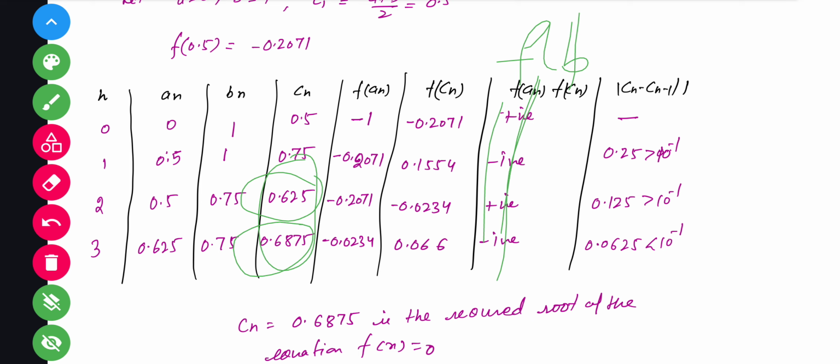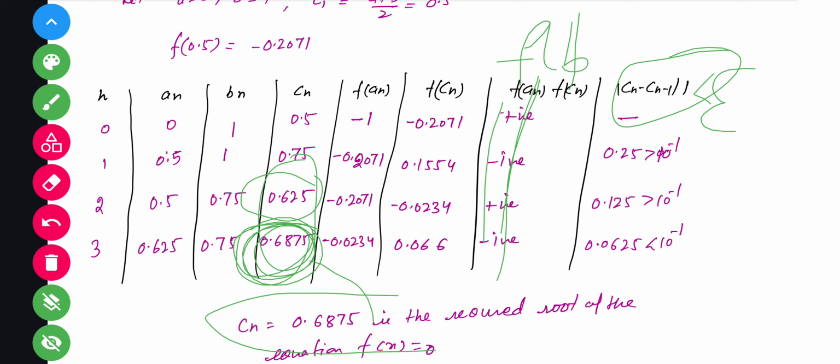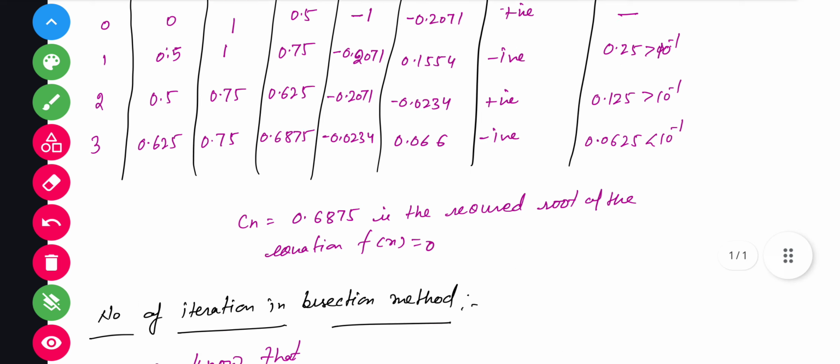Whenever this value is less than the tolerance, we stop our calculation and declare that this Cn value is the approximate root, the root of the equation fx equal to 0. So that is the way of calculation.